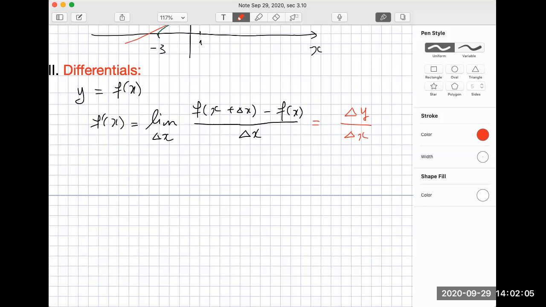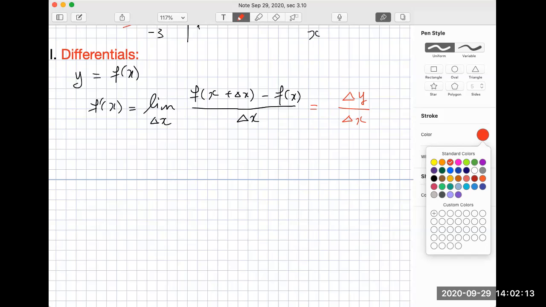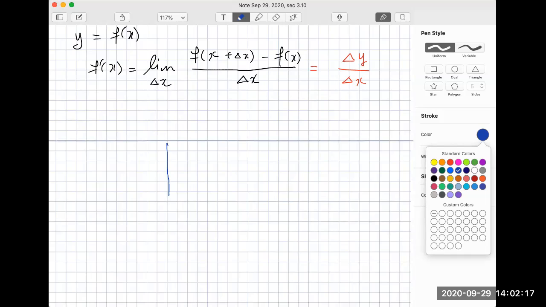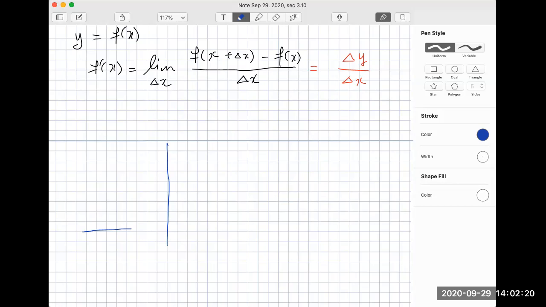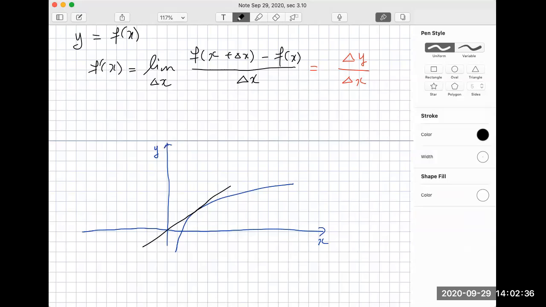So look at this. Let us draw a picture of this. This is the coordinate. Suppose we have a curve like this and a tangent line at this point is like this.